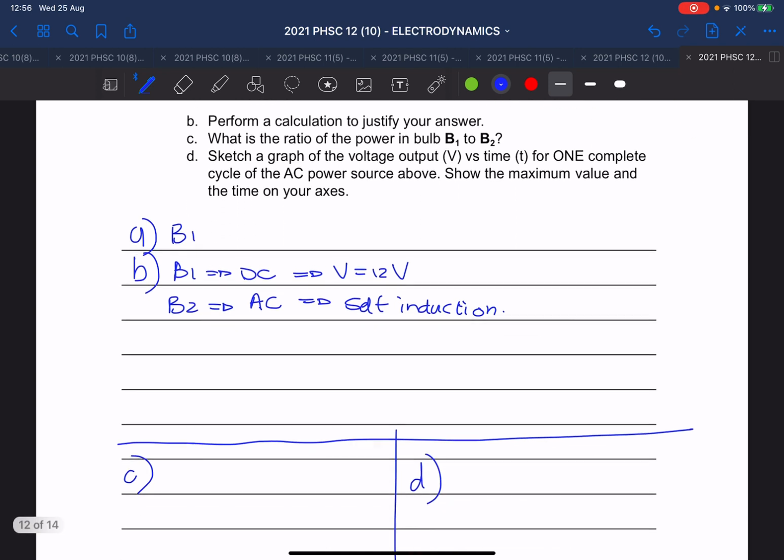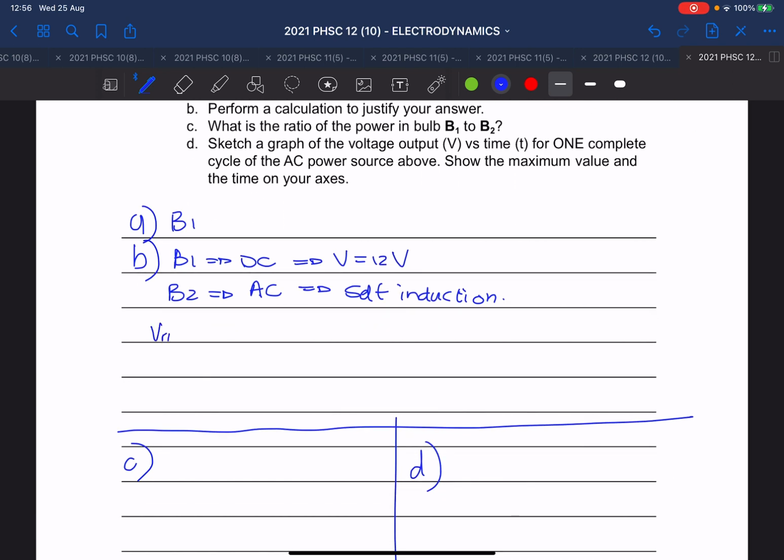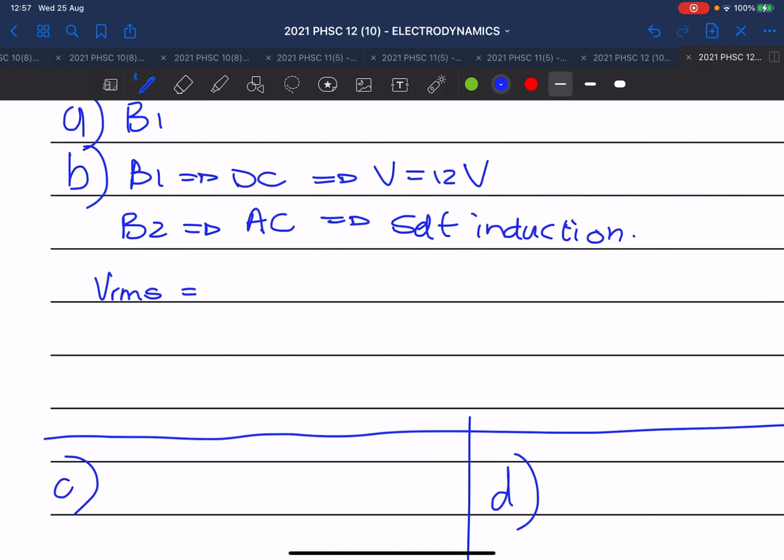So we first have to calculate the volts RMS, the actual root mean square volts that it obtains. So that is the volts max over the square root of 2. The maximum volts that it says was 12 over square root 2, and you get what?